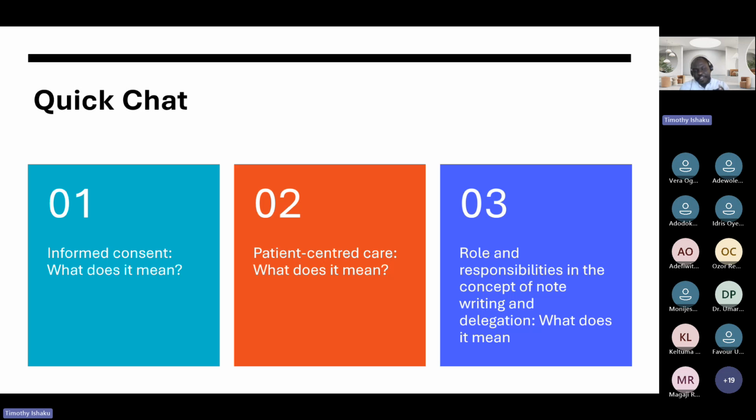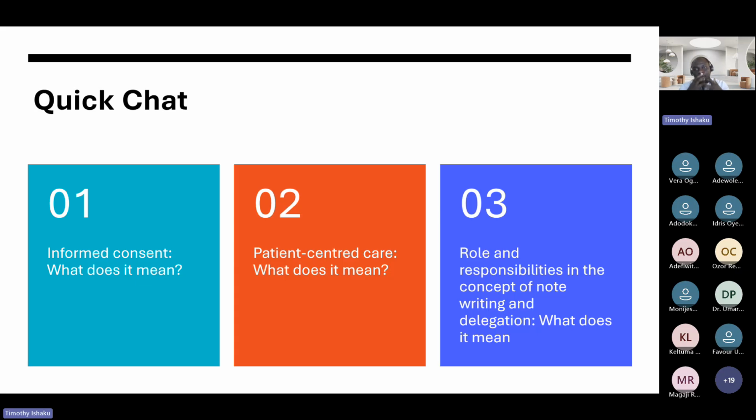Now, on mental capacity, you always assume the patient has capacity until proven otherwise. And for it to be proven otherwise, it has to be assessed, okay? Assessed in terms of the ability to make decisions. It's not whether they are conscious or not. Yes, they are conscious, but it's about the ability to make life decisions.